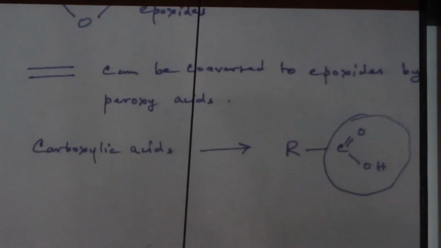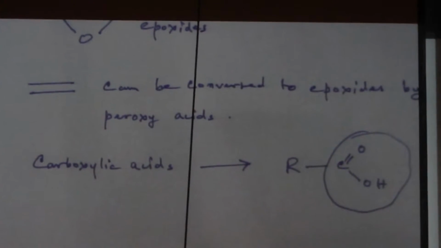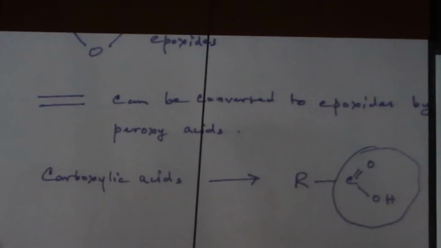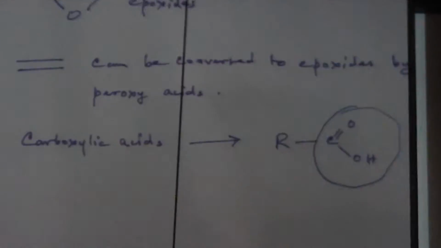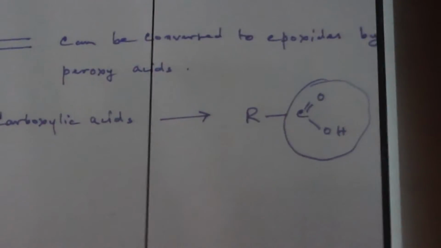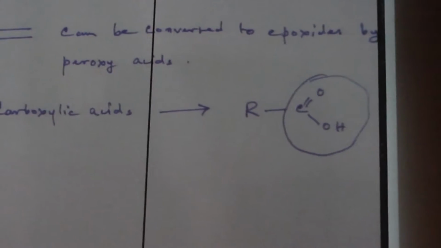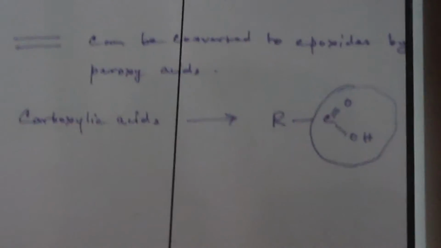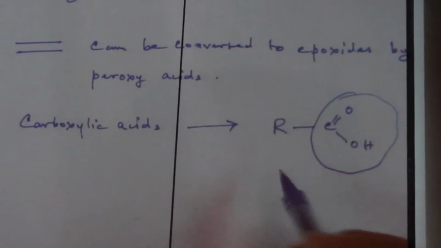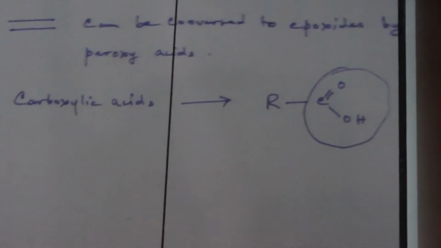So these are carboxylic acids. And there are lots of common acids like acetic acid, which is present in vinegar. Formic acid is present in the sting of the ant, that's what they inject. In that case R is the hydrogen. So these are some of the very common carboxylic acids.